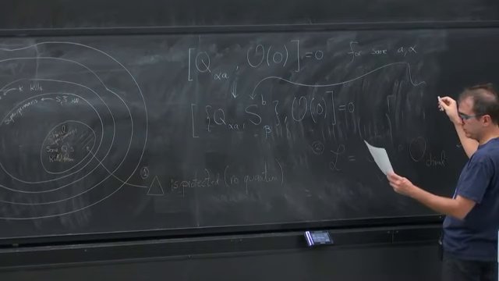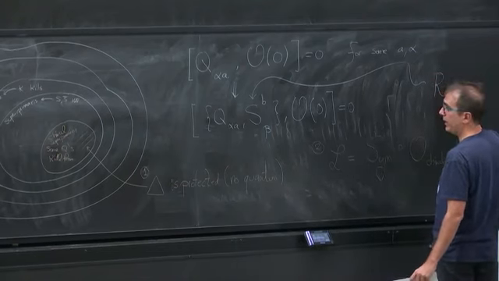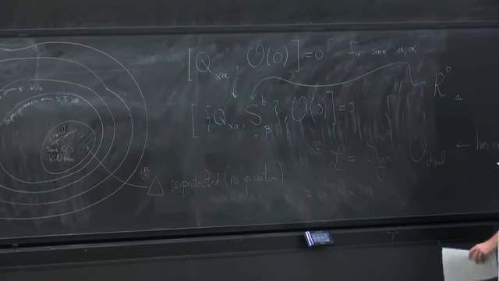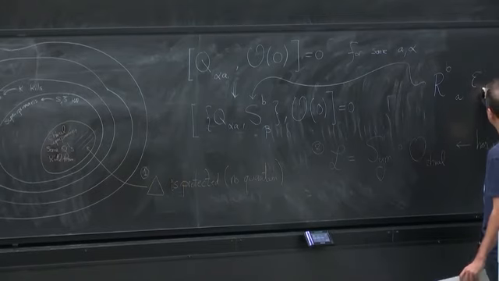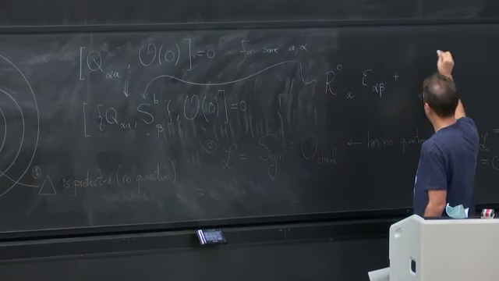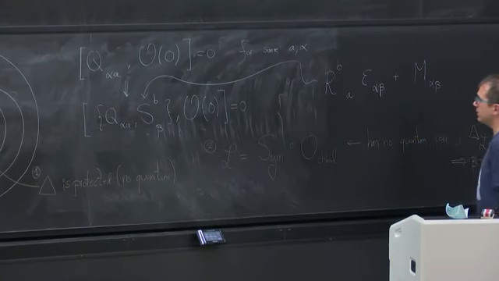With SO4 indices, we get something like the rotation matrix with index BA times epsilon alpha beta. That's the first term instead of using the sigma matrices. Then the second term, plus, would be some rotation M alpha beta times delta BA.